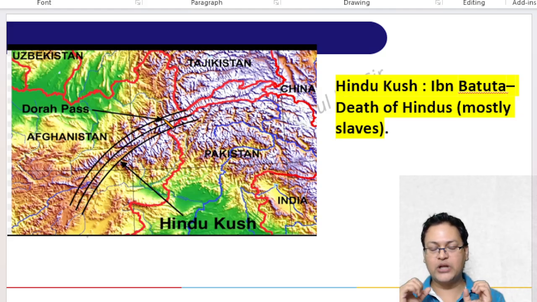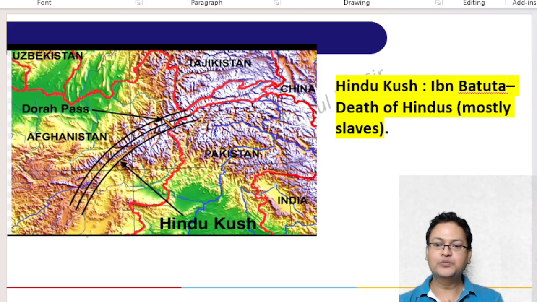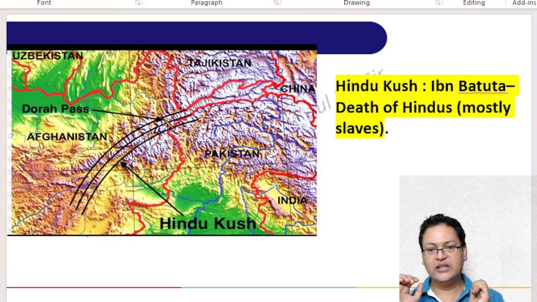Ibn Battuta, a 14th century Moroccan traveler who came to the court of Muhammad bin Tughlaq, wrote that the Turkish rulers used to take Indian slaves from India to Central Asia, and because of the harsh weather conditions, many of the slaves used to die. So death of Hindus, that's why Hindu Kush.